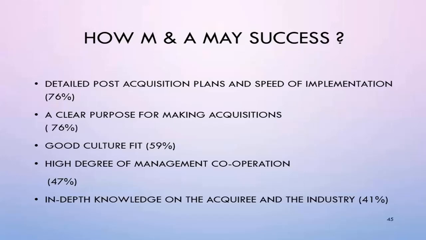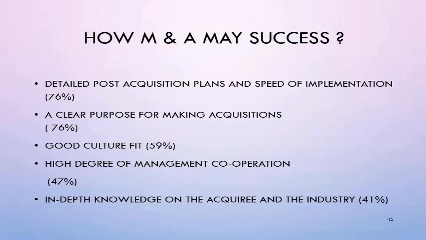High degree of management cooperation. Both companies' managements should agree to discuss and sit down and negotiate. If husband and wife have to cooperate, at least one person has to cooperate. If both want to fight with each other, there is no way that you can continue this corporate marriage.